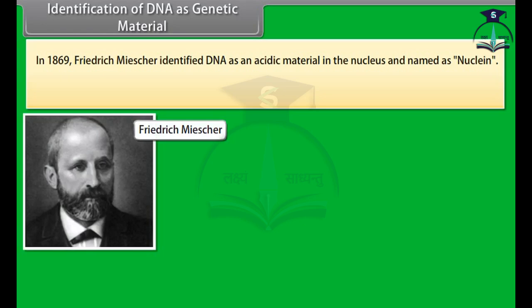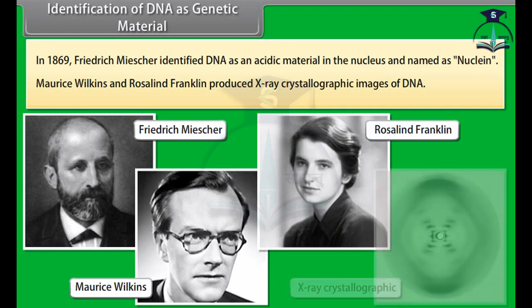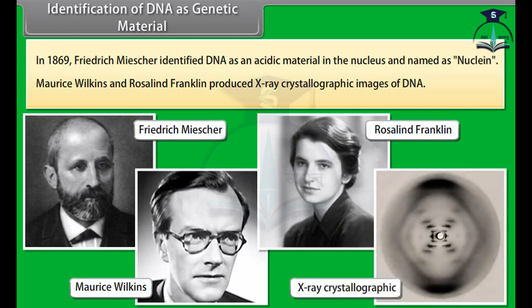In 1869, Friedrich Miescher identified DNA as an acidic material in the nucleus and named it nuclein. Maurice Wilkins and Rosalind Franklin produced X-ray crystallographic images of DNA.